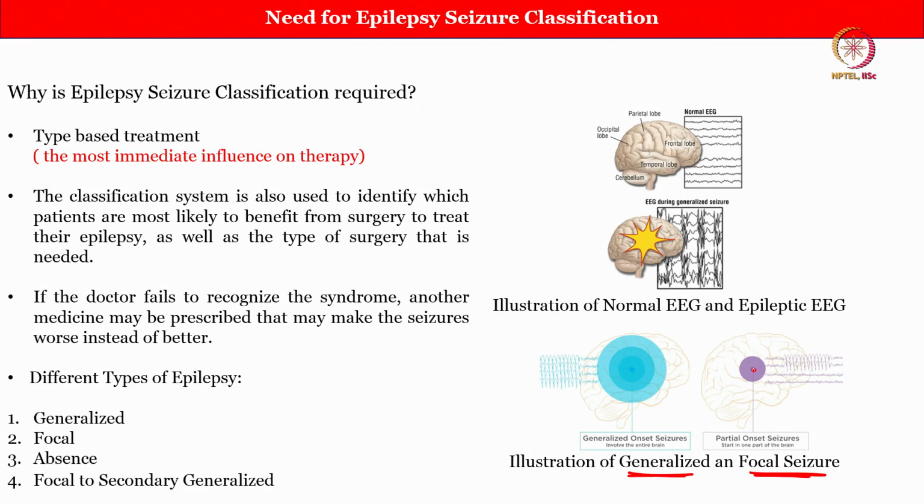This is a focal seizure, partial onset, where the seizure starts in one part of the brain, and the generalized involves the entire brain, right. Everywhere the electrical signals will start misfiring, and in the case of the focal seizure, only a particular part of the brain starts these seizures.